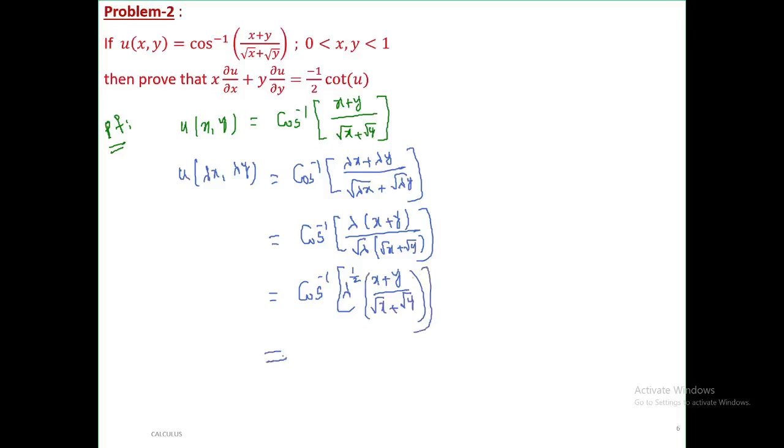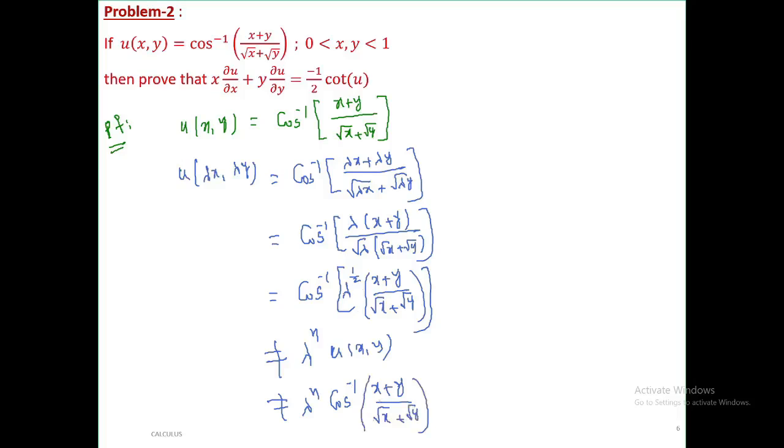Now this is not equal to λ^n. Actually λ should come out, right? But here λ is not coming out of the cos inverse. It should come out of the cos inverse, so it is not coming out. So it is not equal to λ^n into u of x comma y, where u is cos inverse of (x + y) divided by (√x + √y).